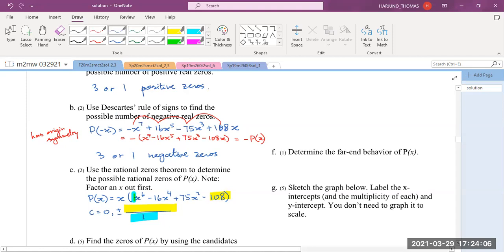Now the factors of 108, however, there are a lot, right?